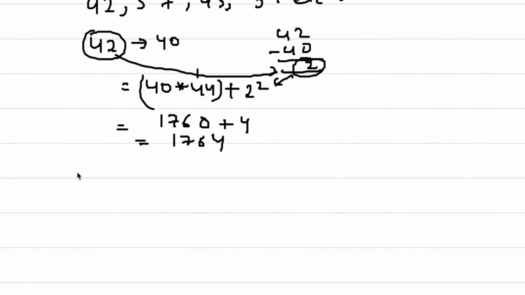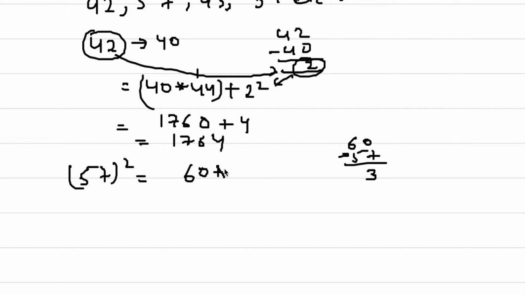Simple, isn't it? So let's take 57 square. The nearest number which is divisible by 10 is 60, and 60 minus 57 is 3. So 57 plus 3 is 60, and 57 minus 3 is 54, plus the square of this number, 3 square.